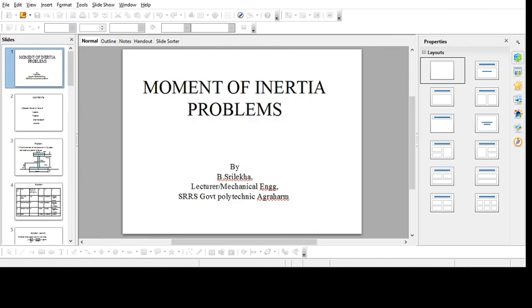Next, Iy2 means Ig2 plus A2 h2 square. Similarly, Iy3 means Ig3 plus A3 h y3 square, and thereafter you will take the summation of everything. So this is how you will find Ixx and Iyy.